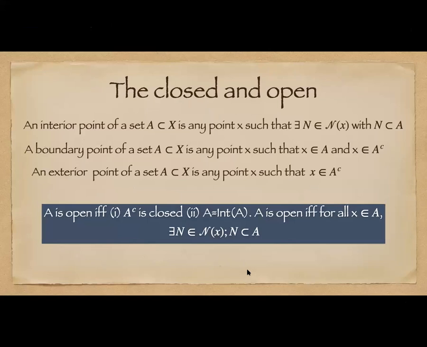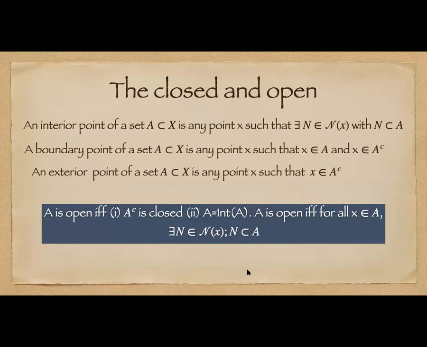Now we come to the notion of closed and open sets, which is again crucial in the definition of a topological space. For this, we need the definition of an interior point of a set.